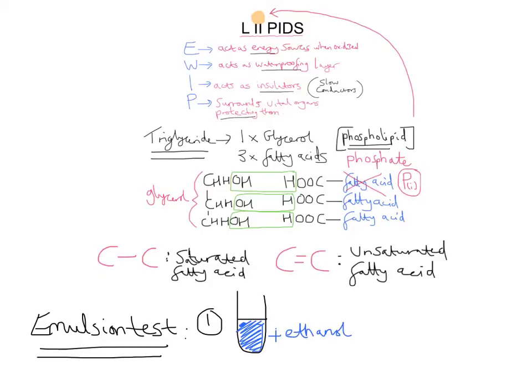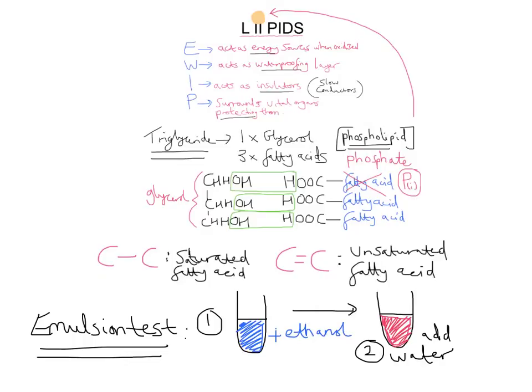Then once you've shaken that up, you pour that solution into another tube, just for the purposes of distinguishing between the different steps. I'll just do a different colour. After you've added ethanol, the second stage is to pour the solution into water. So you put it in ethanol first, really key, then you put it in water. And any lipid would show up as a milky emulsion.